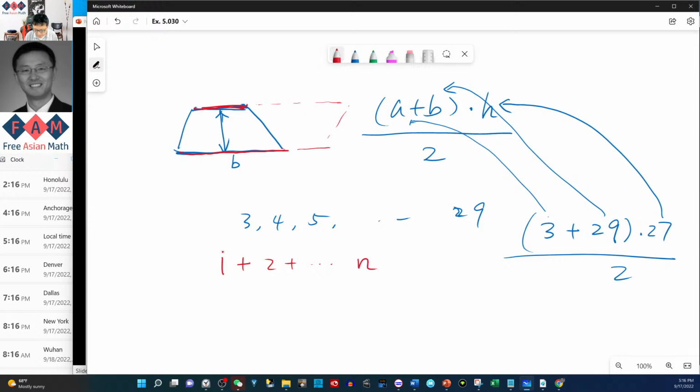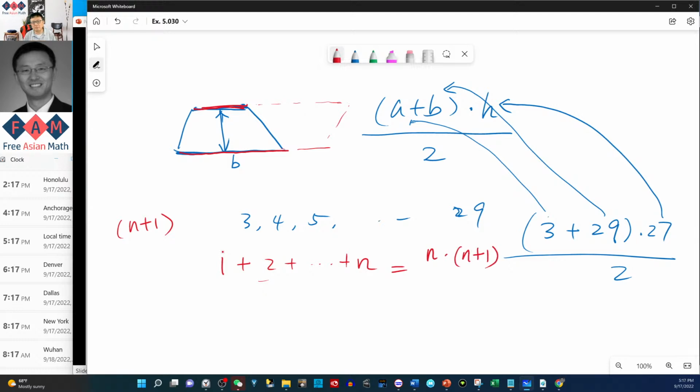The total number of games played must be 1 plus 2 plus up to n, assuming you have n+1 teams. That is how you would count the total number of games. But at the same time, there's another way of counting. Each team plays exactly n games, and there are n+1 teams.